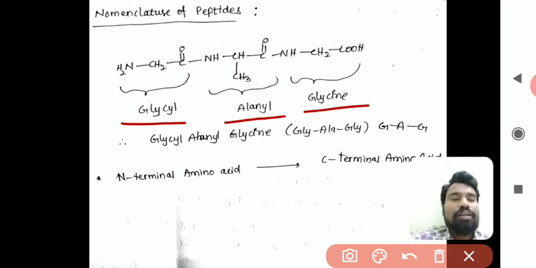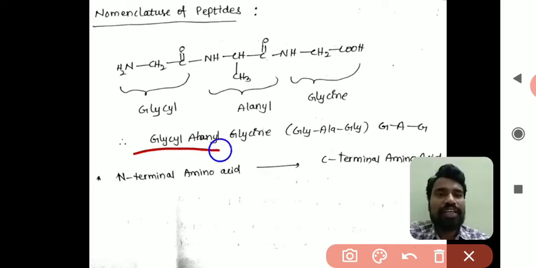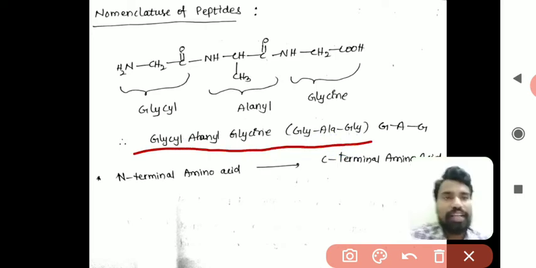In the name of polypeptides, only the last amino acid, the C terminal amino acid, keeps its name; all the remaining ones get the YL suffix. So glycyl alanyl glycine, or GAG. This is the name for this tripeptide.